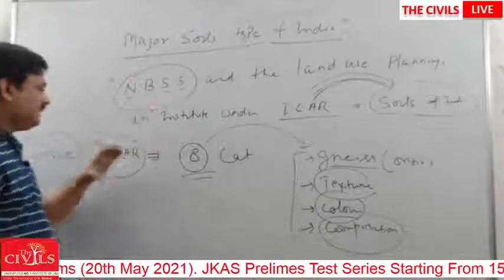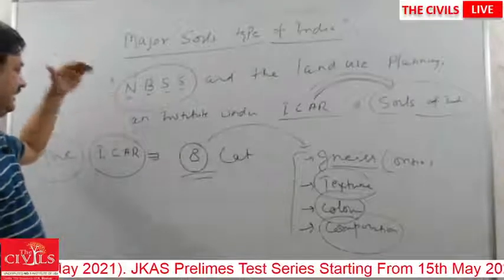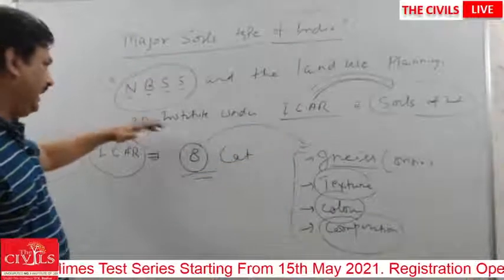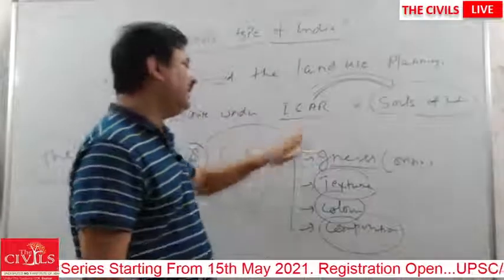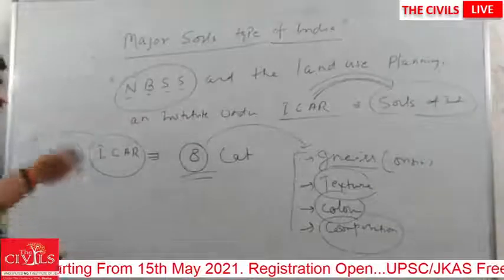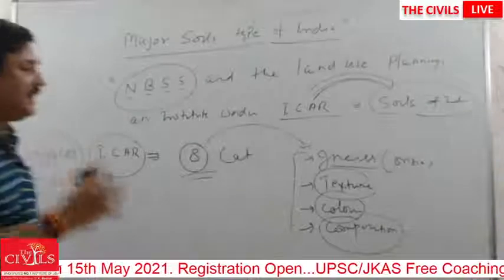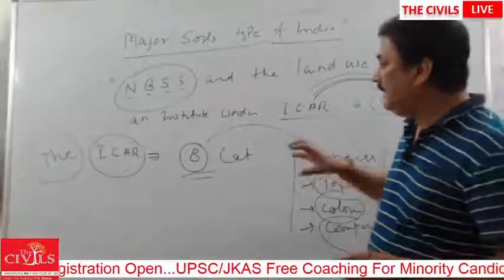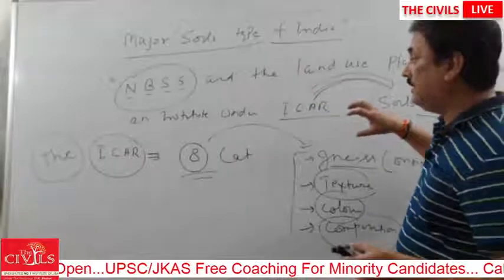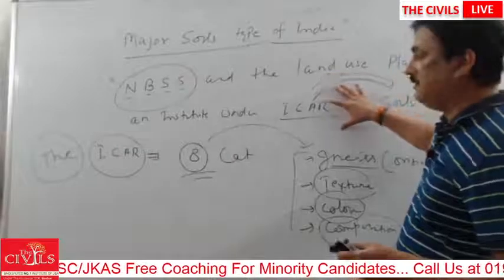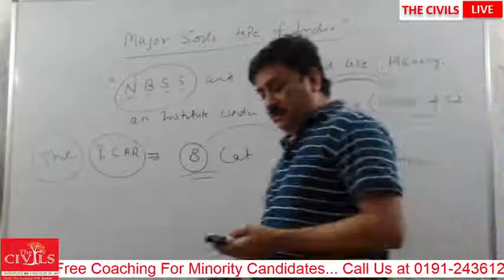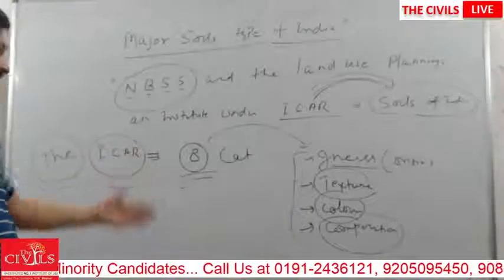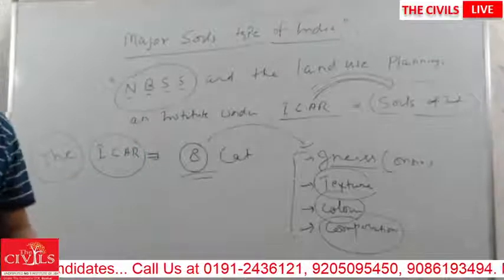But before this, the National Bureau of Soil Survey and Land Use Planning, an institute under ICAR, did a lot of extensive studies of Indian soil, and on the basis of this, ICAR divided Indian soil into 8 groups.